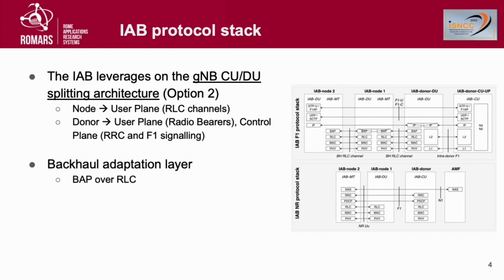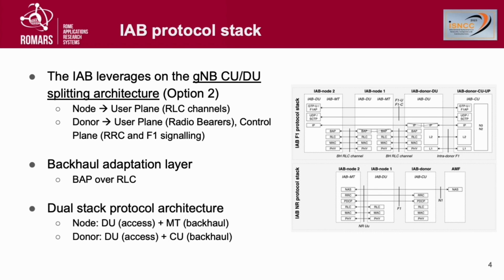To facilitate backhaul operations and management of the links, the backhaul adaptation protocol layer was introduced, providing routing and quality of service configuration functionalities. Both the node and the donor are provided with a dual protocol stack to operate both in the access network, as a gNB, and in the backhaul network, where the node operates as if it were a UE terminal.